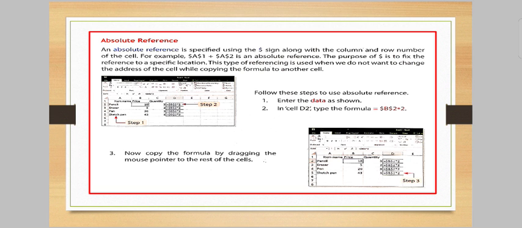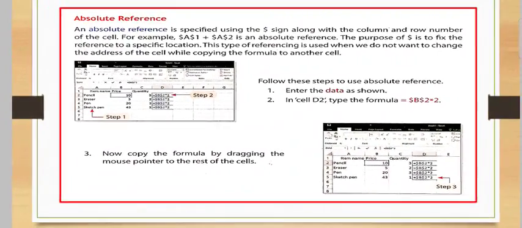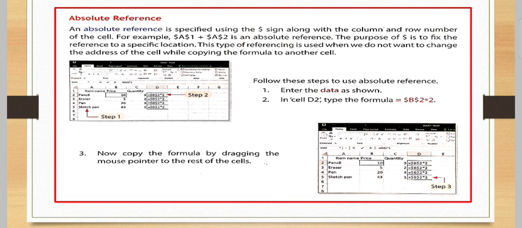Here you can see, enter the data as shown in picture number 1. Then in the D2 cell, type the formula as in step number 2: equal to C2 into $B$2.